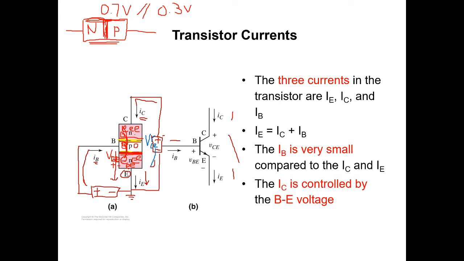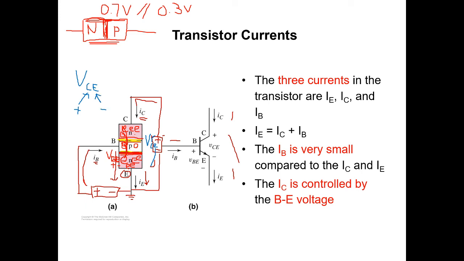So when you want to label the value, for example here I will write VCE. The alphabet that comes first is the positive, and the alphabet that comes later is negative.